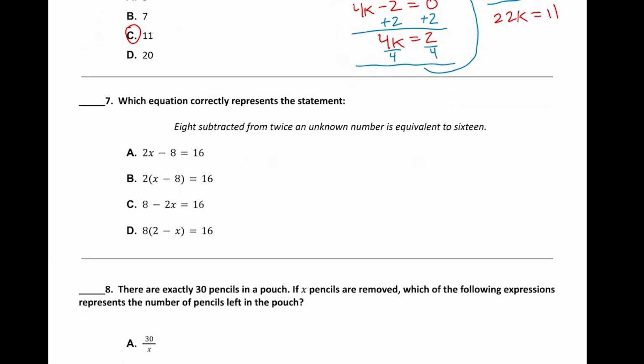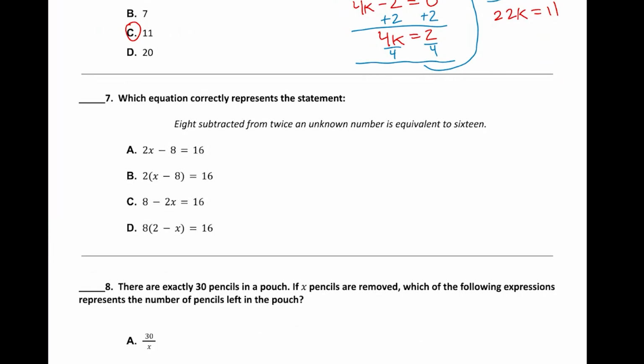Number 7 says 8 subtracted from twice an unknown number is equivalent to 16, and we have to write out an equation that correctly represents that statement. So the only tricky part about this one is the subtraction.